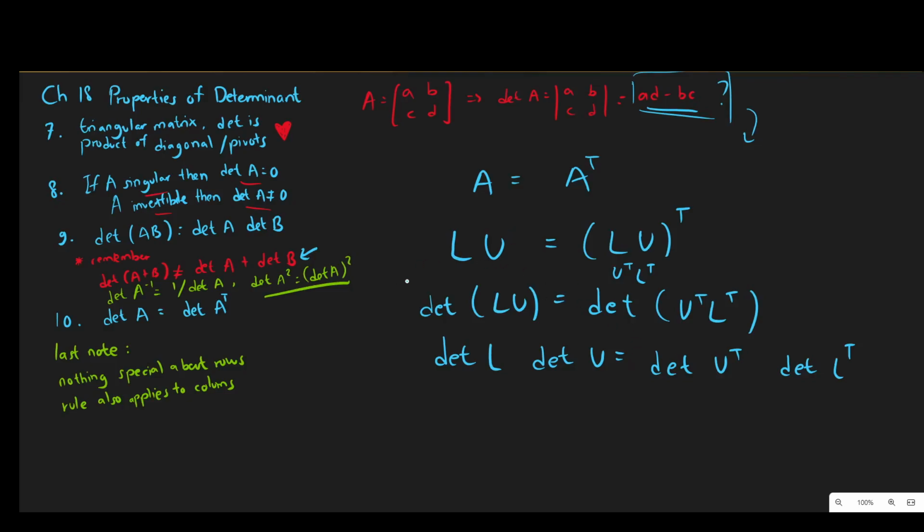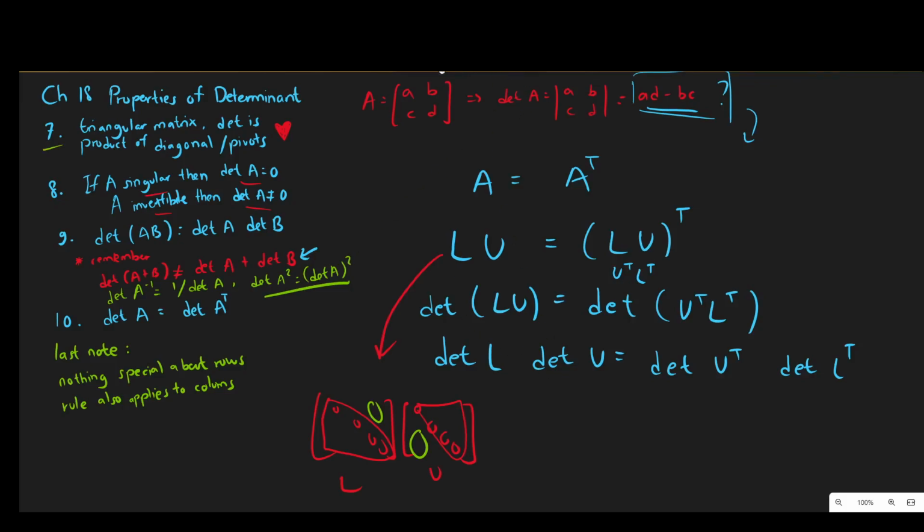Now, why did I bring back that brief discussion? If you notice, L and U are of course triangular matrices, so U has all the pivots here, and L is this kind of matrix with all the pivots here and all the zeros here. So in the end they are triangular matrices, which brings us back to property number 7.